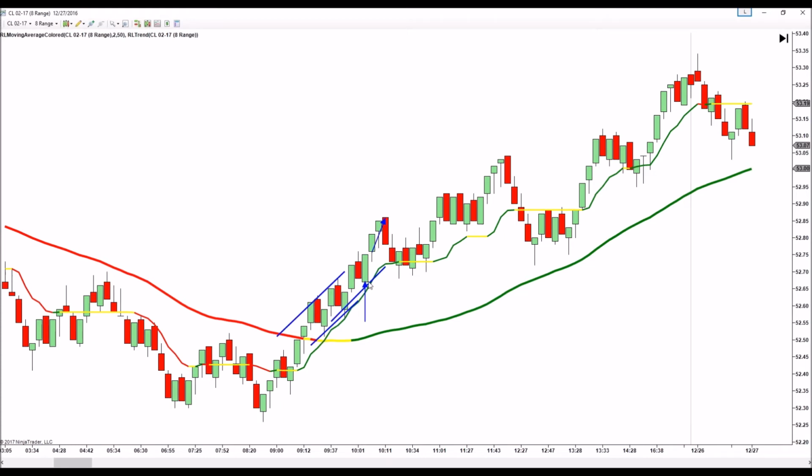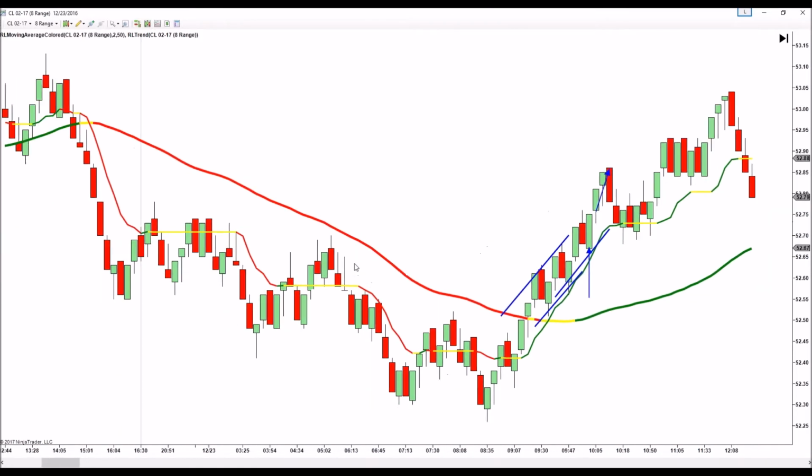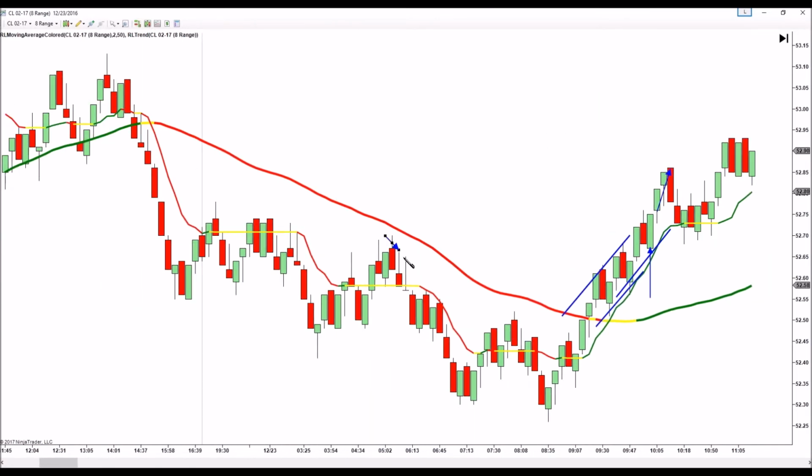It's the 3rd retracement out of the channel, as each pivot gives you a consecutive higher high, higher low. There's another one. If you took the trade right here, don't stop out. And down you go.